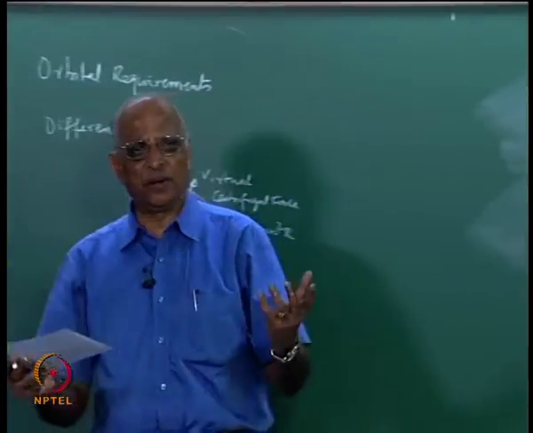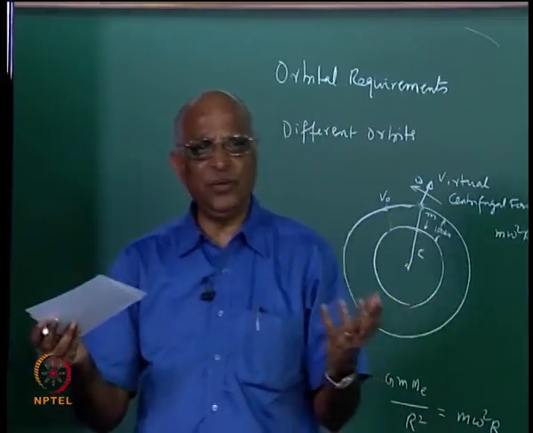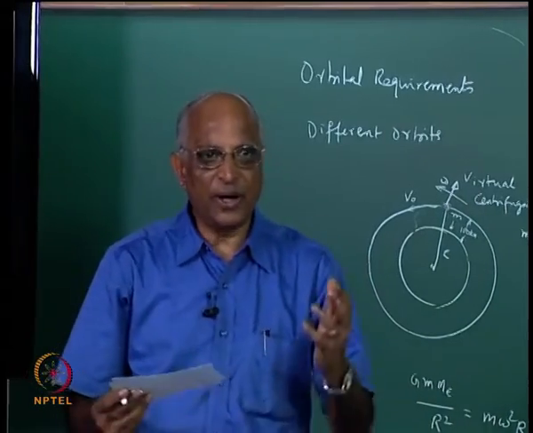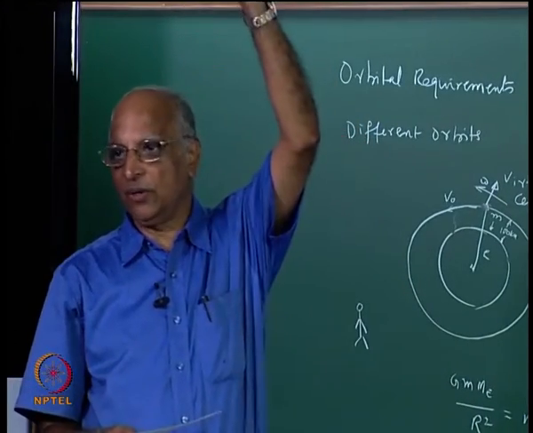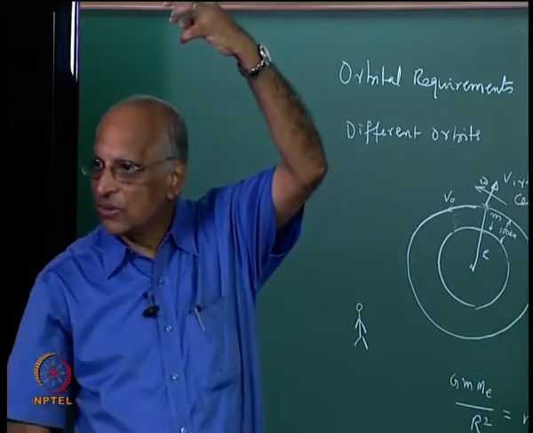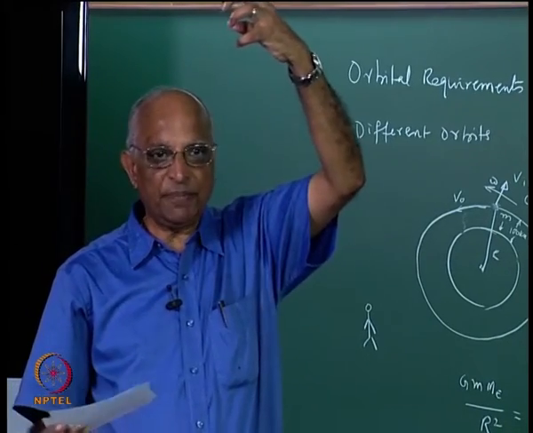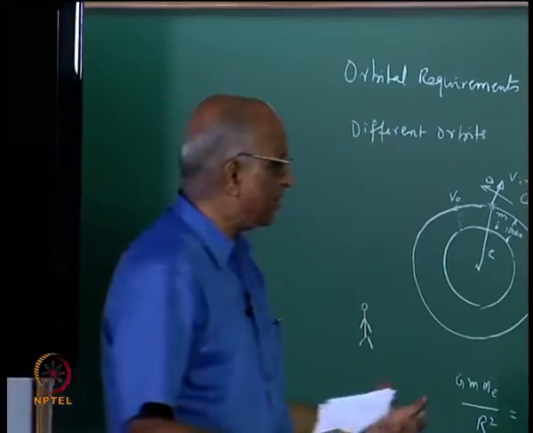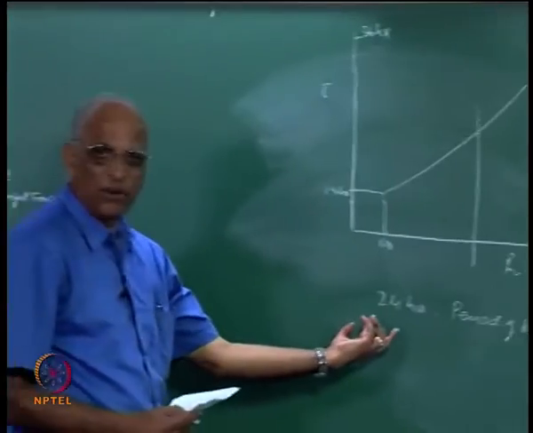How do you define the period of rotation? We define it as when the sun is vertical today and when the sun is vertical the next day, that is the period, and we say that is 1 day or 24 hours.